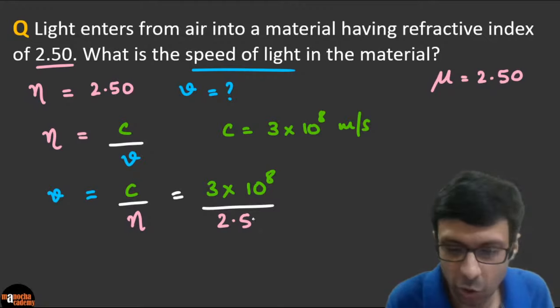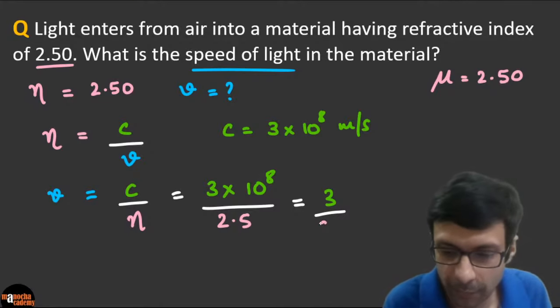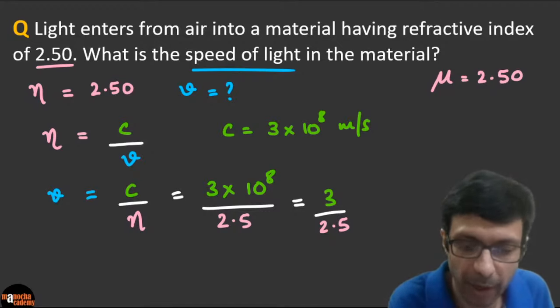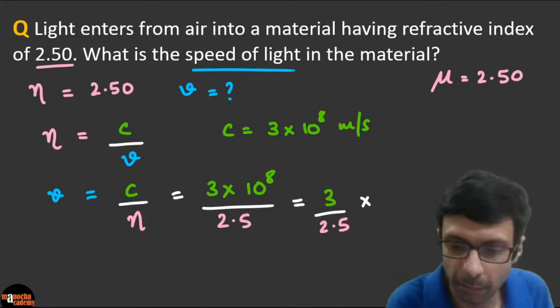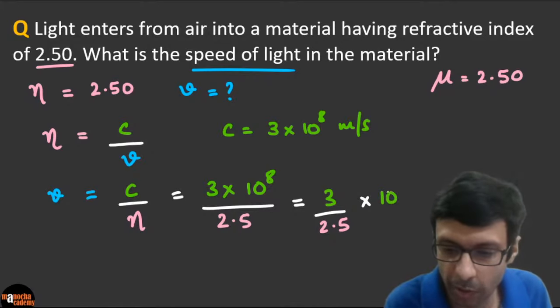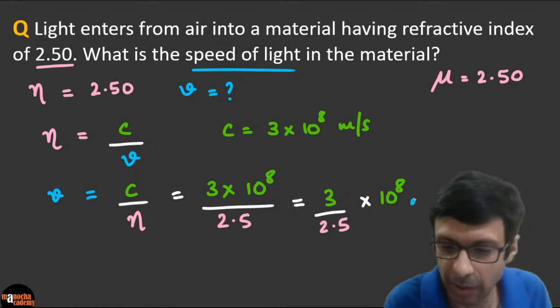So what does this work out to be? This is basically 3 divided by 2.5, right? So we have a 3 by 2.5 multiplied by 10 to the power 8 meter per second. That will be the velocity in meter per second.